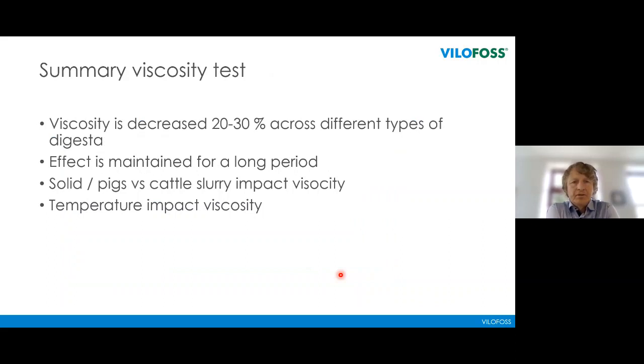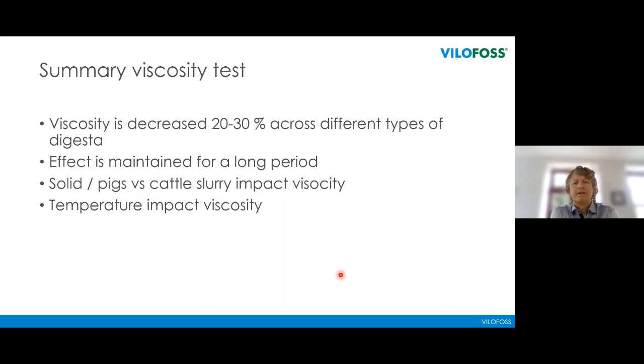So, just to sum up this viscosity test, when it is tested in the lab, there is a decrease of about 20 to 30%, and the effect is maintained for a long period. We can also see that the solids have an impact on viscosity, so slurry from pig has a lower value compared with cattle.